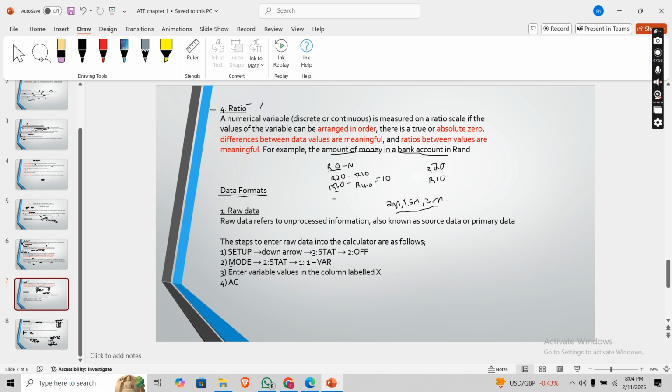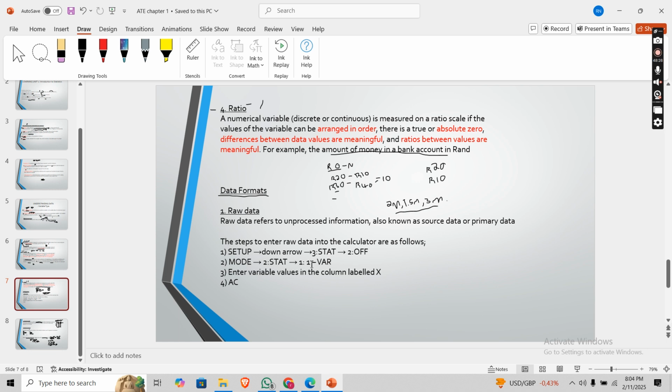Okay, then number 2, what we do is we access the mode. After switching off the frequency in number 1, in number 2 we access the mode by pressing the mode setup button, and then you'll be presented with a few options, and then you press number 2. After that, you'll be presented with more options, and then you press option number 1, which is 1-var.